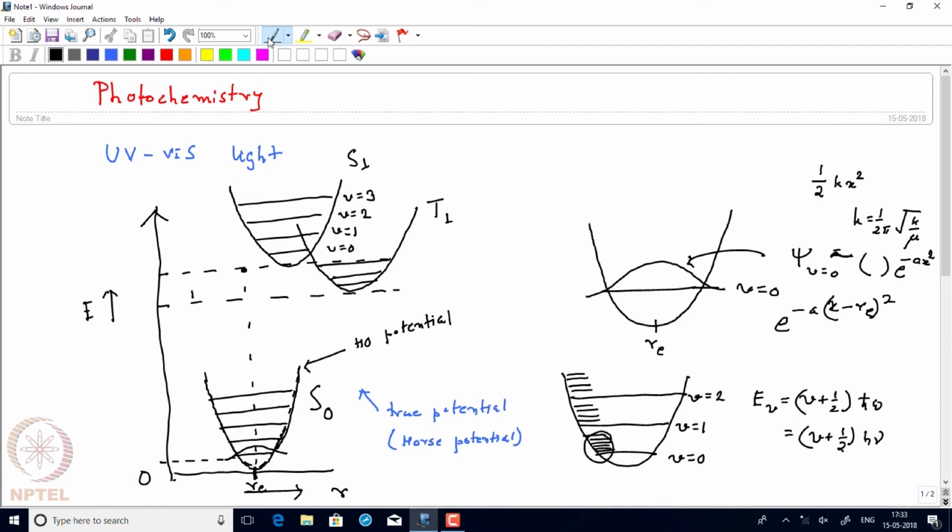You can think that every bond is vibrating like this, but the molecule was in the ground electronic state, and suppose it was in the zero point vibration, because as I said, most of the molecules will be residing at the ground vibrational level, and it is vibrating. Now when I am exciting it, since electronic excitations are fast, you can think of it loosely this way: the electron's mass is much smaller than the reduced mass of vibration of a particular bond.